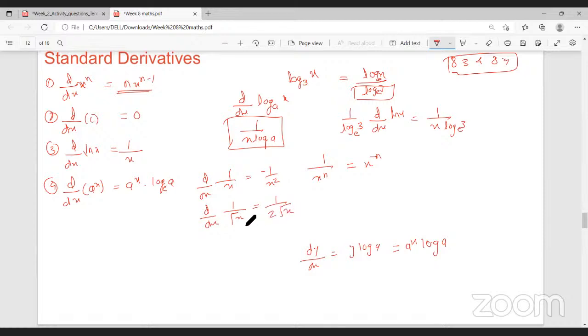So just remember the standard derivatives, and also those of trigonometric functions. Sir, for inverse functions, like tan inverse and cos inverse, can we do it by substitution?